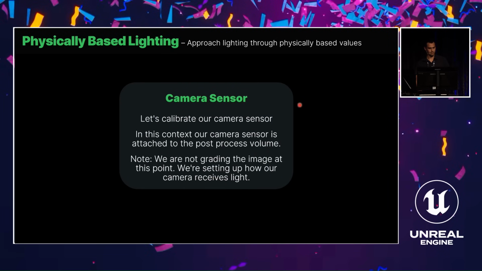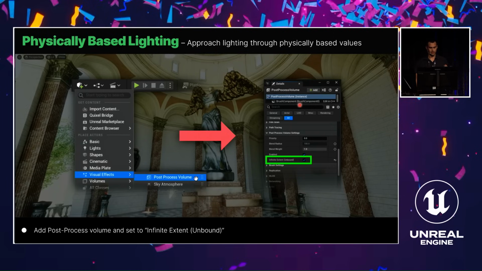And then we're going to update our camera sensor. In order to do that, we need to get a post-process volume. So we grab our post-process volume, we turn the unbound off. And this bit can be a little bit confusing because the post-process volumes do quite a lot of things. Not only do they handle camera settings, but also the tone mapper, and they do color grading.